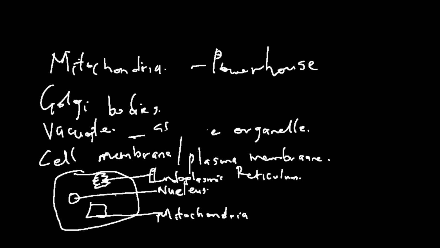Let's assume we have another structure here that looks like this as our ribosome. We can have other organelles too. Now, it's possible for us to have something here like this, which is our vacuole.